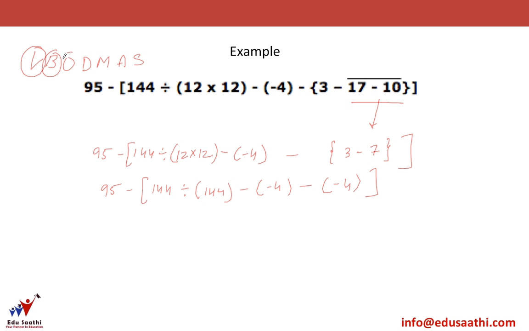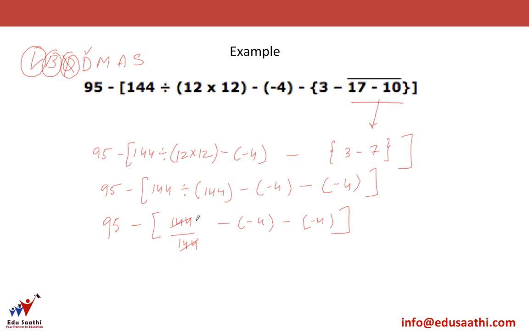Now there is no of written, so this goes out. Now we have to solve for division. So inside this bracket I will solve the division first. So I have 144 divided by 144 minus of minus 4 and minus of minus 4.